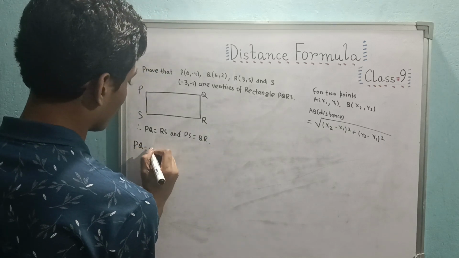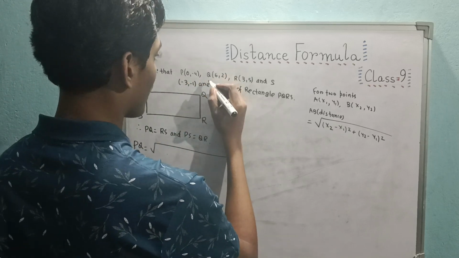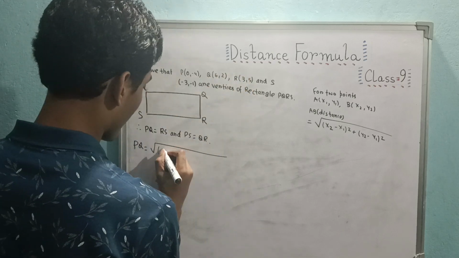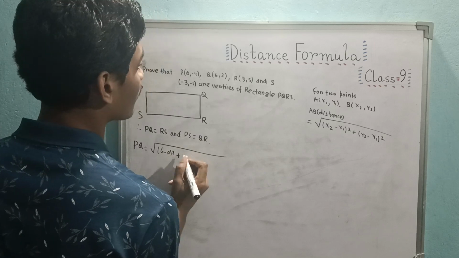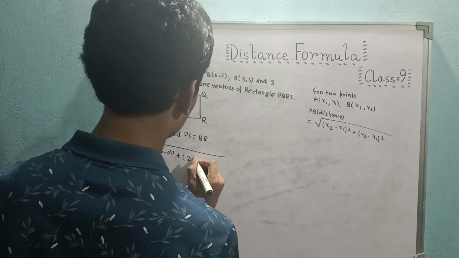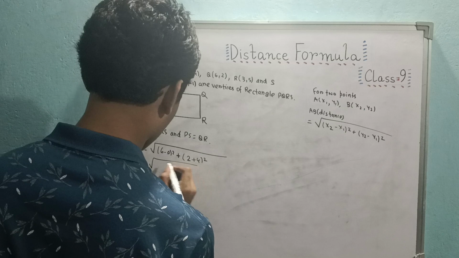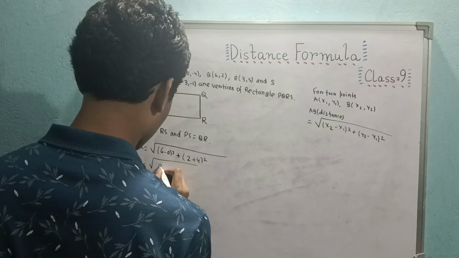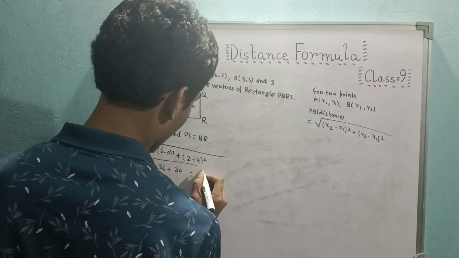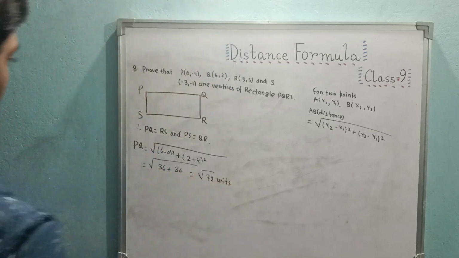Calculate the length of PQ. x1 y1 x2 y2. x2 minus x1, that means 6 minus 0 whole square, plus y2 minus y1 whole square, means 2 minus minus 4, means 2 plus 4 whole square, equal to root of 6 square 36 plus 6 square 36, equal to root 72 units. Let it be as it is.